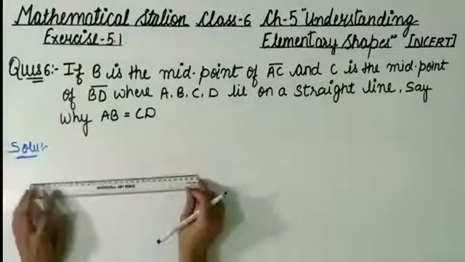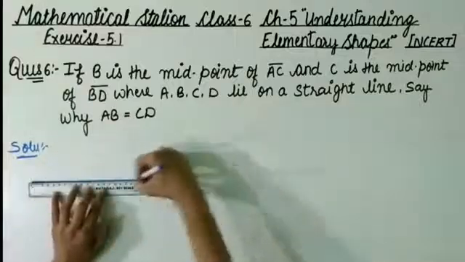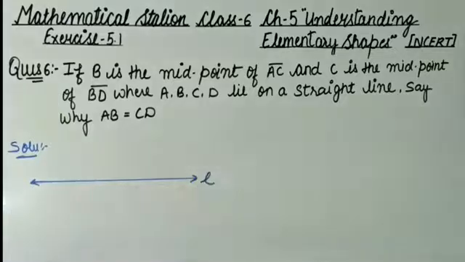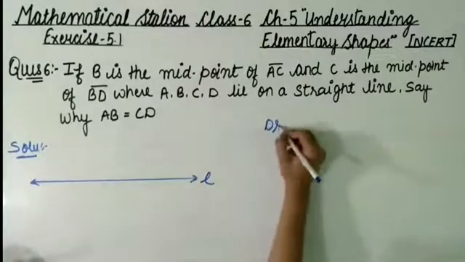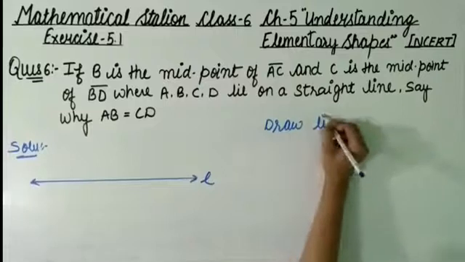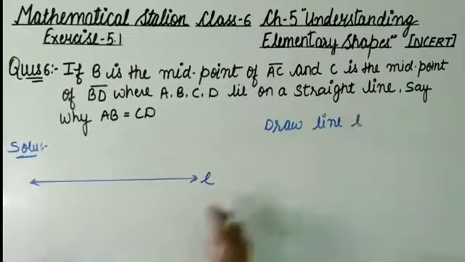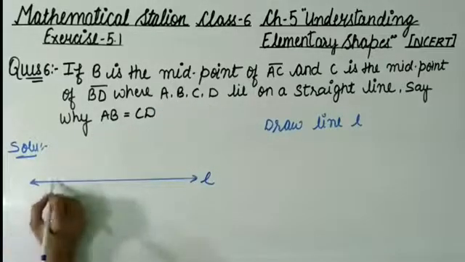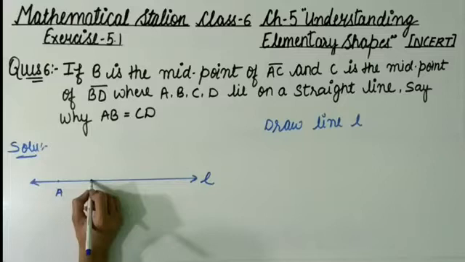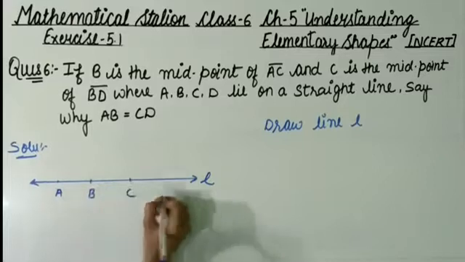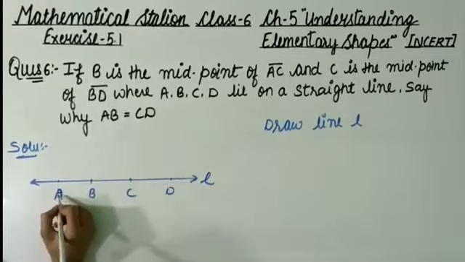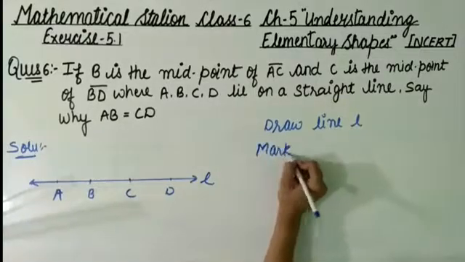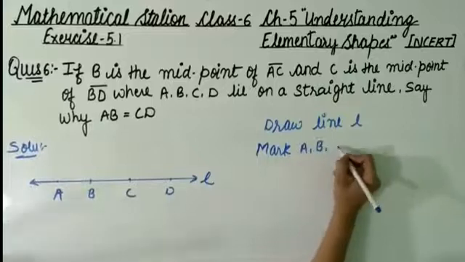Suppose we have one line L. Now we will mark points A, B, C and D on it. Draw line L. Mark points A, B, C and D.